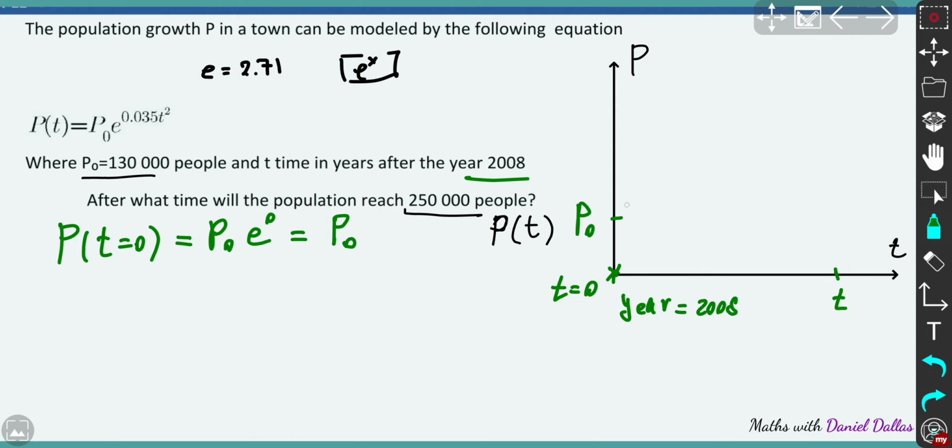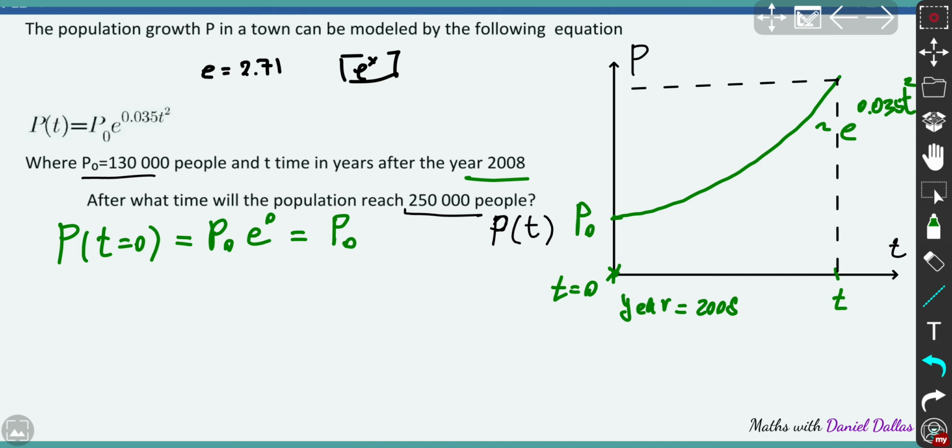exponential growth. So it's proportional to e to the power 0.035 t squared. Okay, so that's how your function works. And somewhere when you have the value for t, for time, somewhere here, you will see your value for P. That's your P from the time that you are given.